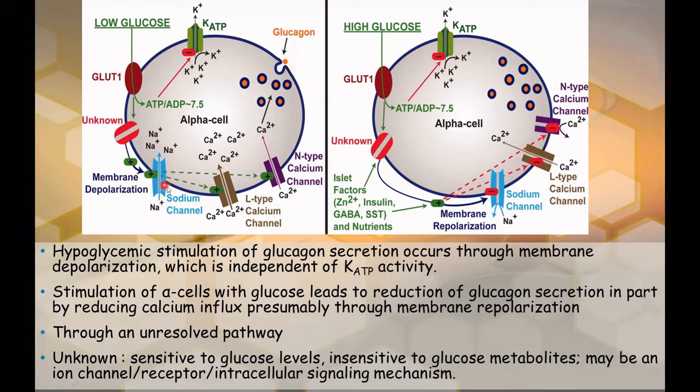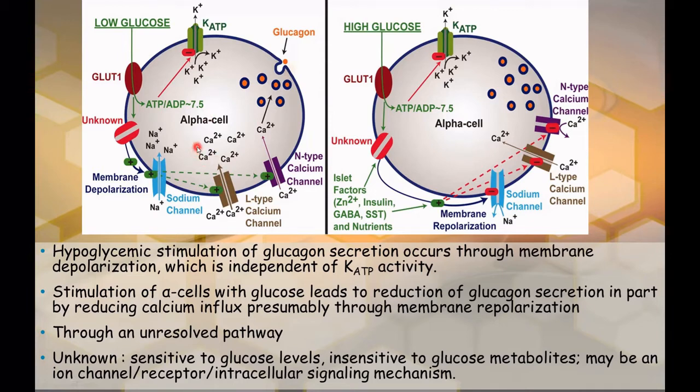This causes a membrane depolarization, leading to the activation of the calcium channels, particularly the L-type and the N-type calcium channels. As a result, the calcium concentration inside the cell increases.